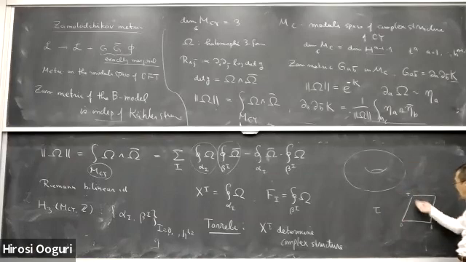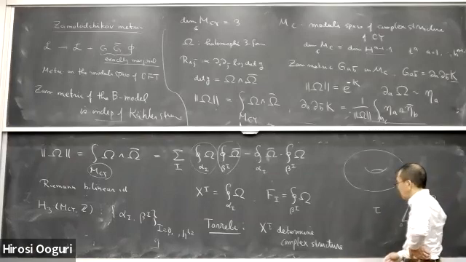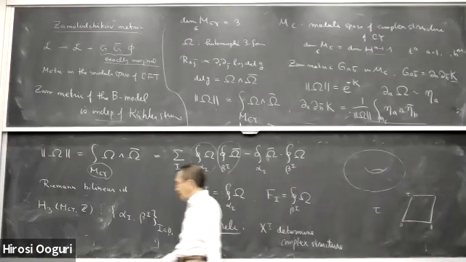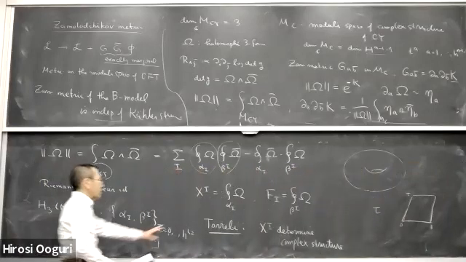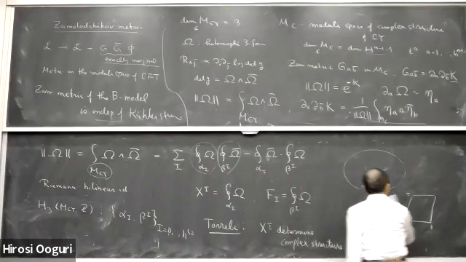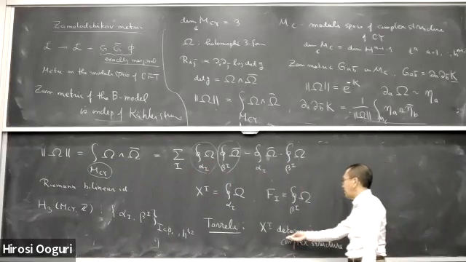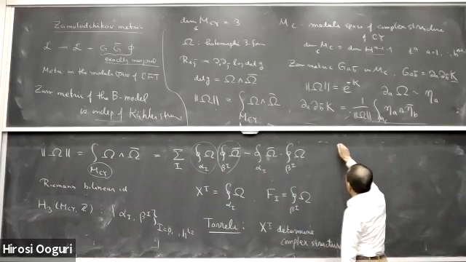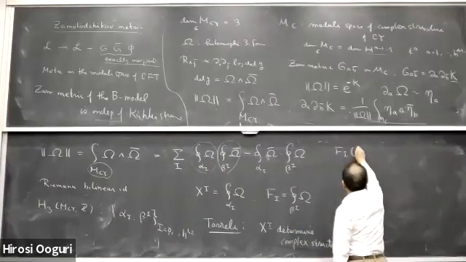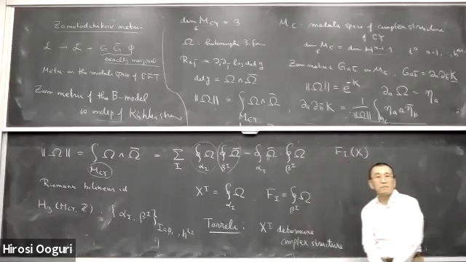It's just a ratio of the two periods. So the ratio of the periods specifies the complex structure. It's similar here. xi determines the complex structure, so that means in particular F_I must be a function of xi.